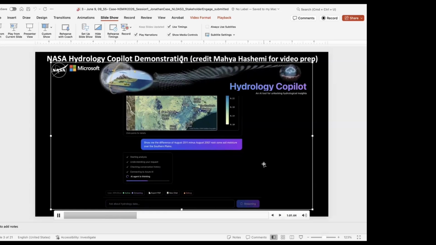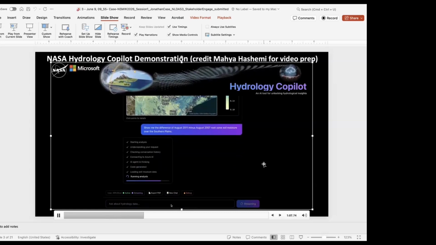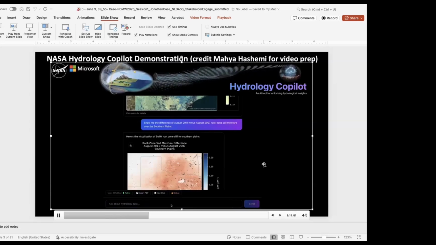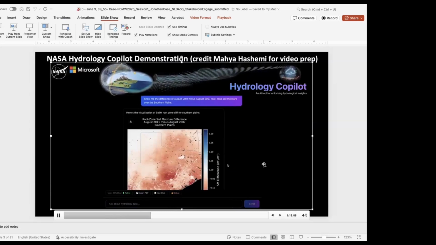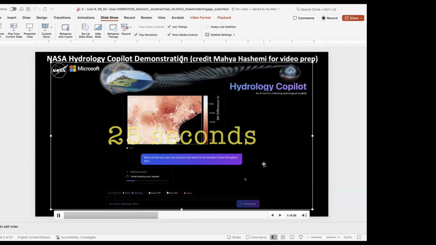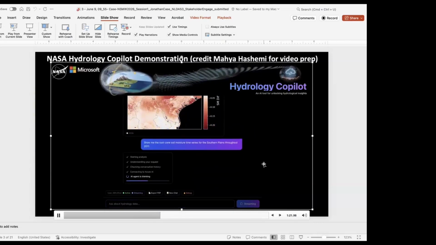So you could use the Python code and customize it for yourself. So the next query is, show me the difference between August 2011 and August 2007 soil moisture. 2007 was a very wet year, so 2011 minus 2007 results in that dry difference there that you saw.